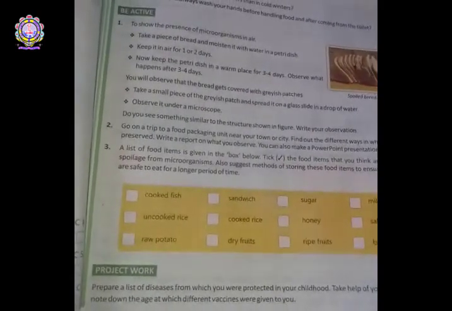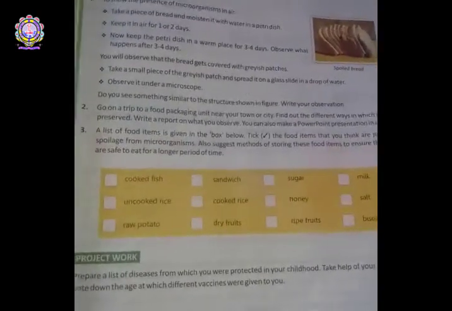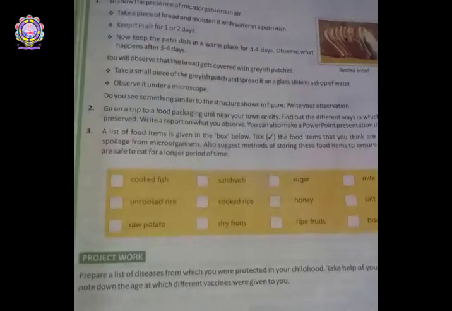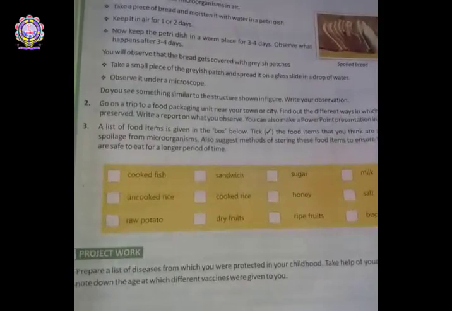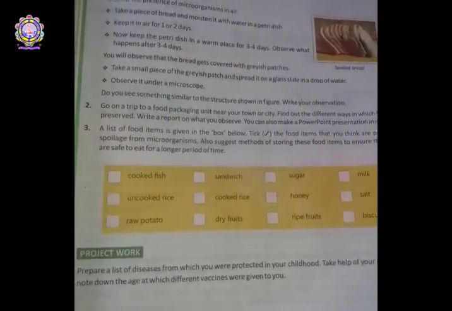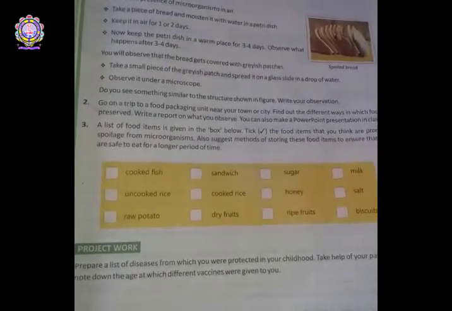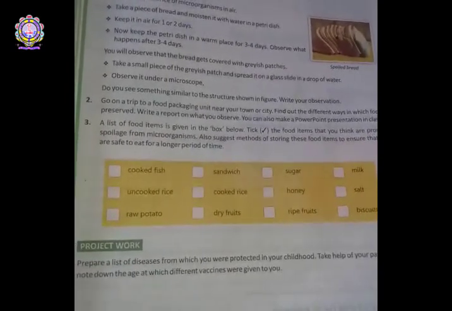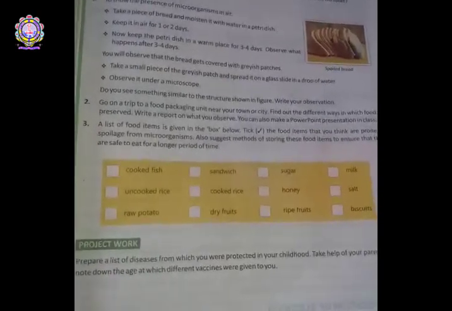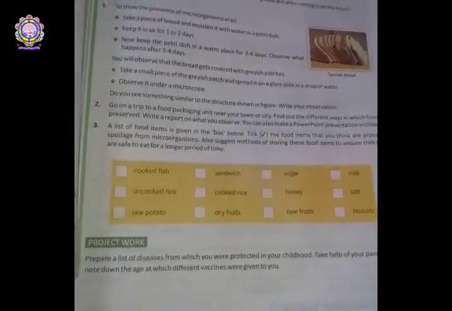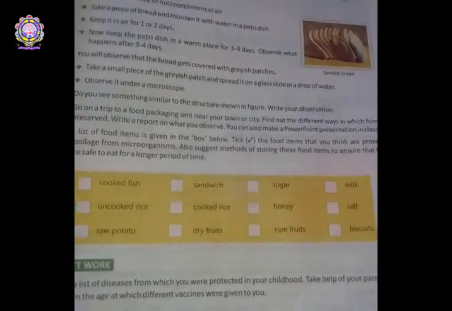Next, observe what happens after 1 to 3 days. You see small grayish patches and some blue patches. See in this structure, the bread has spoiled with a bluish color.